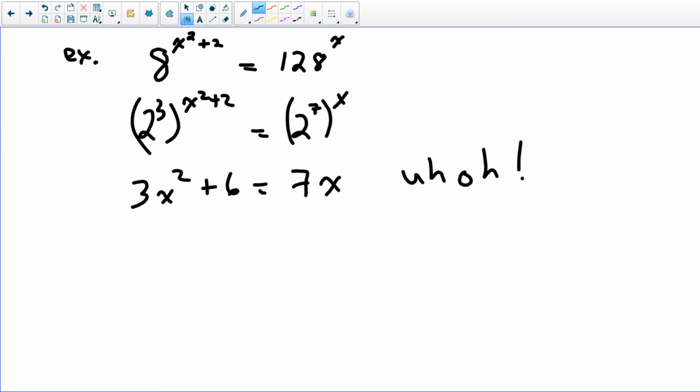Why am I writing uh-oh? How do we solve this? Correct. You cannot solve it in your head. What do we do to solve it? Before we factor, what kind of equation is this?